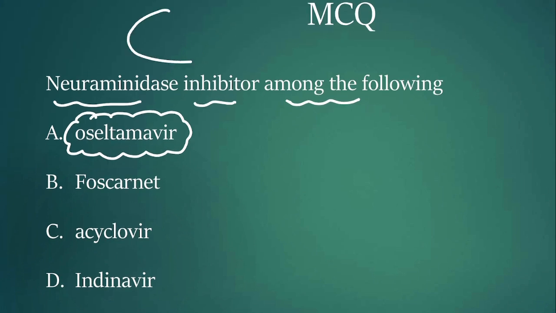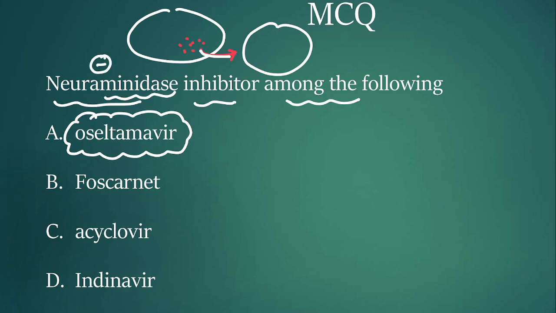So once this is the infected cell, the virus keep on multiplying and they have to be let out, and then they infect one more new cell. So this exit is mediated by neuraminidase. But if I inhibit this neuraminidase, the virus will not exit and doesn't infect the new cells. So the mechanism of action of oseltamivir is neuraminidase inhibitor.